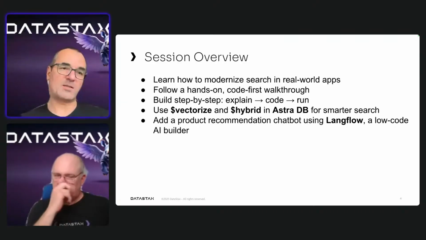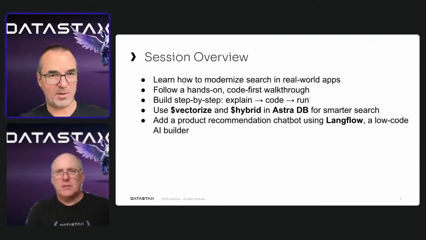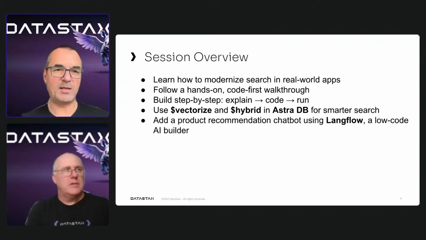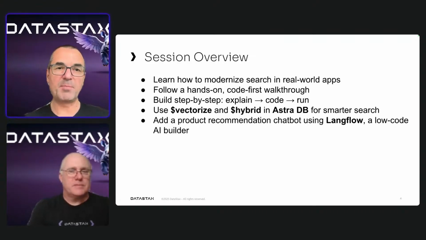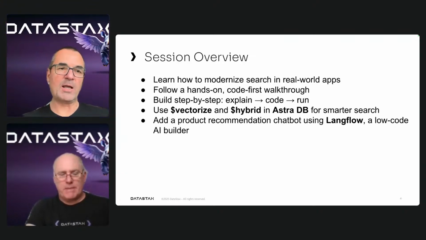We leverage technology as said, and on this slide, you can see $vectorize and $hybrid. These are operators available with Astra DB. Don't worry, we will explain everything in detail, and you will see how simple it is to use all that to get a smarter search at the end.